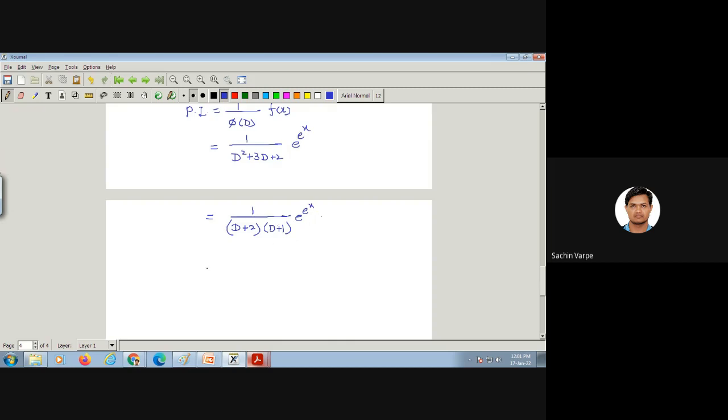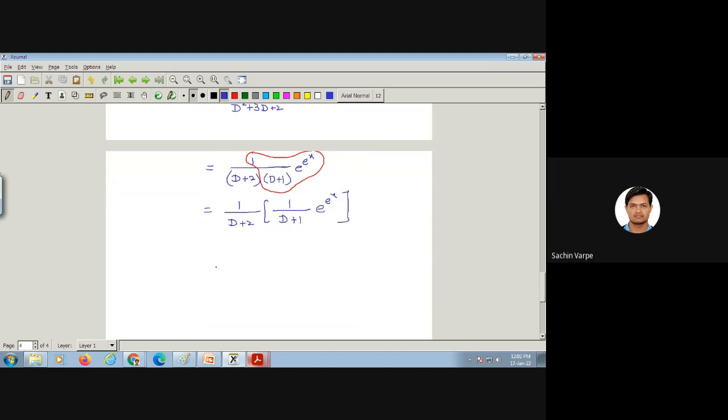Yes, sir. So let us now operate the general method formulas. We operate 1 upon D plus 1 first. So 1 upon D plus 2 into 1 upon D plus 1 e to the power x. तो क्या होगा? With the help of formulas, 1 upon D plus m को हम कैसे लिखते हैं?